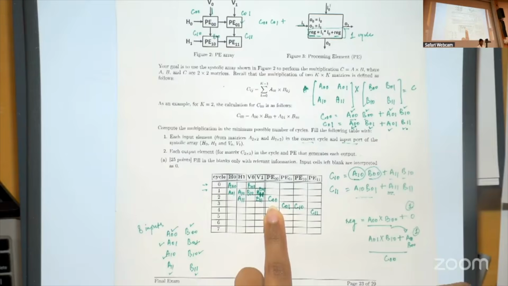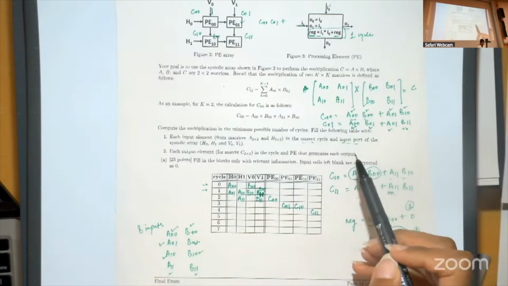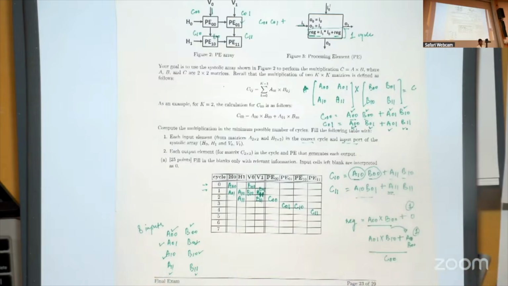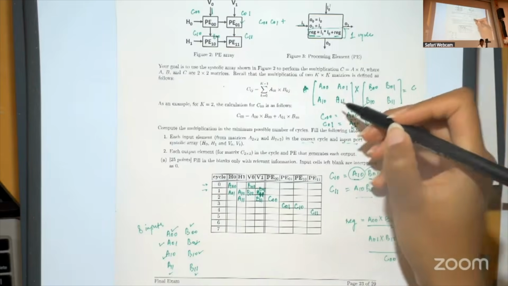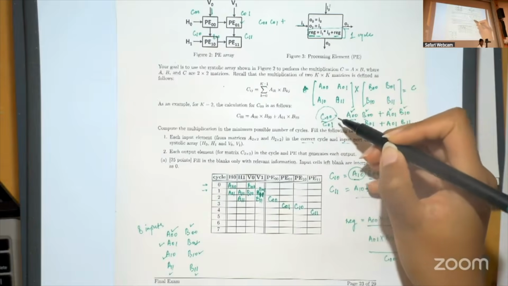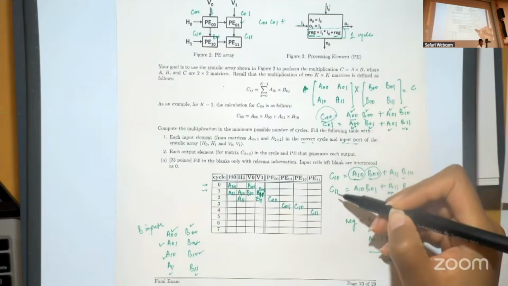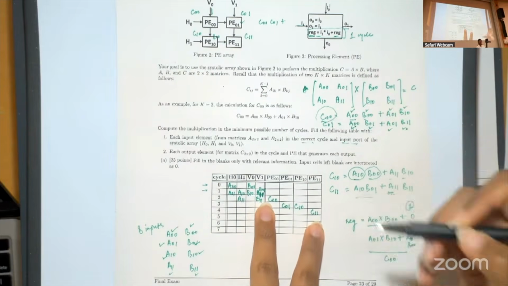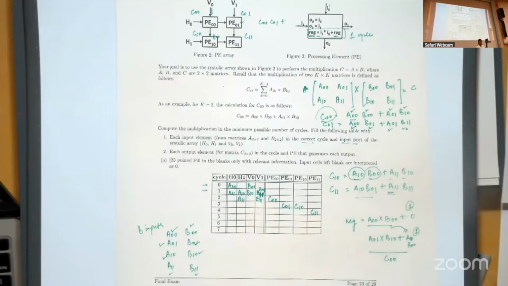Yes, if you want, you can write it, but I didn't write it because in the question they have asked you to write the full output when you get that. The output bits are only C00, C01, C10, and C11, so that's why I wrote only this. But if you want to keep track, if you also write A00, B00, that will not be wrong.